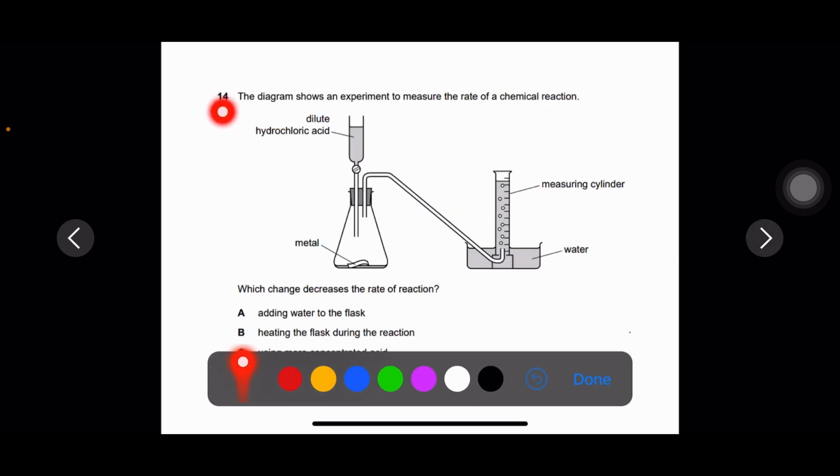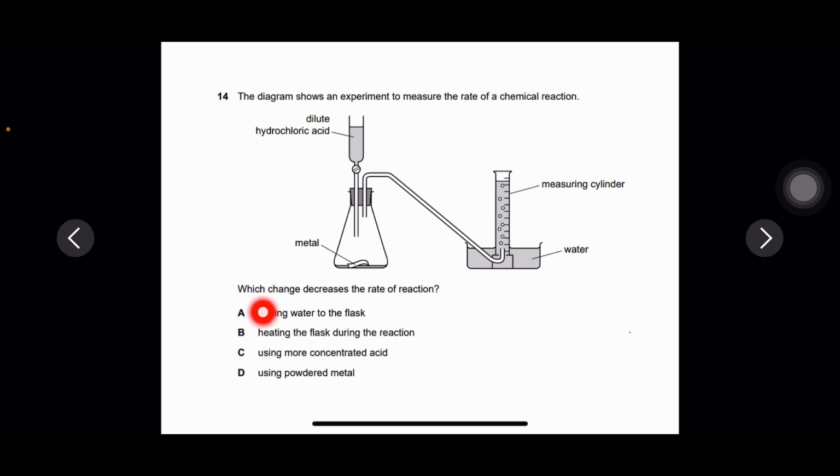Question number 14. The diagram shows an experiment to measure the rate of chemical reaction, metal with dilute HCl. Which change decreases the rate of reaction? Adding water to the flask. When you add water to the flask, it will dilute the reaction mixture. Heating the flask during the reaction will increase the rate of reaction.